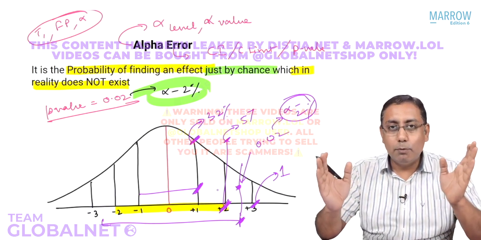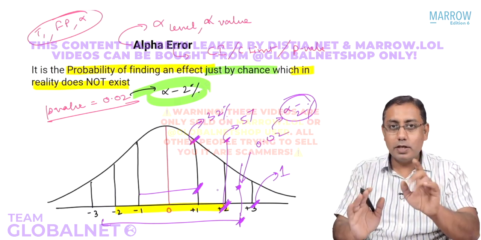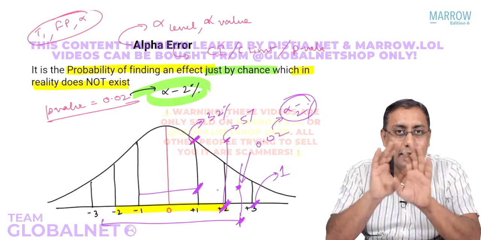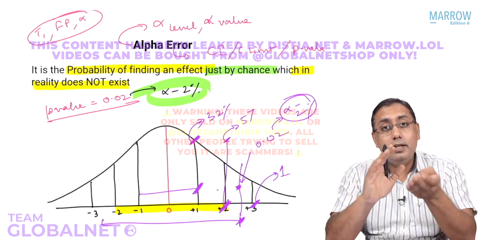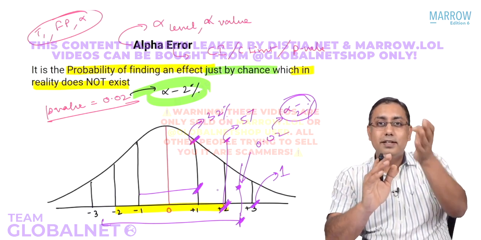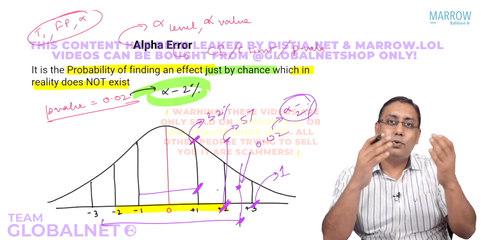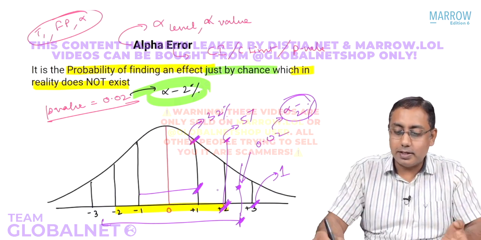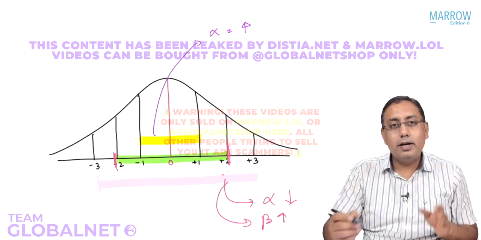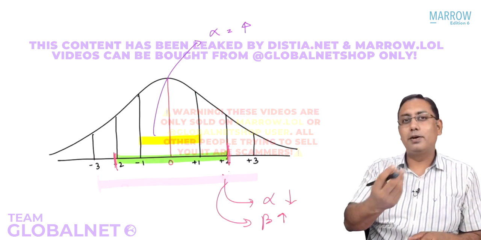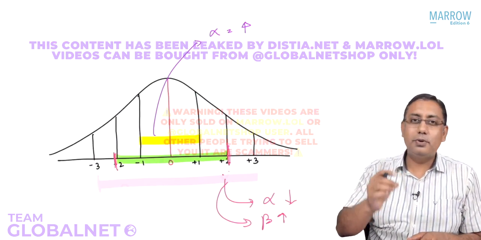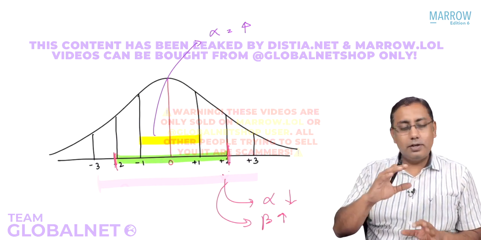That means the more you go inside the normal distribution curve, mark my words, the alpha level increases. And if you go outside, the alpha level will decrease. So don't you think you had done the same thing just a while ago? So don't get scared.